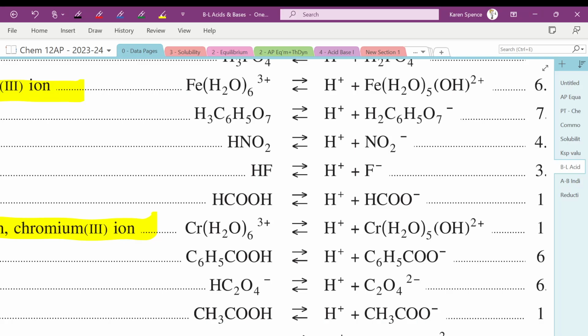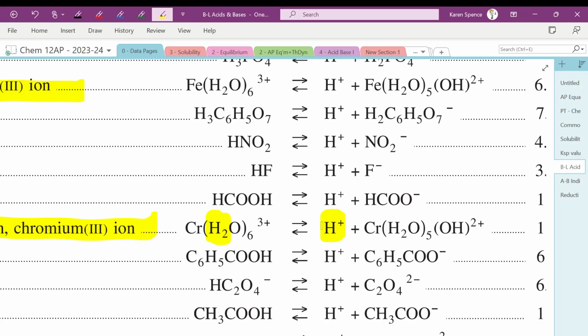Because normally chromium doesn't have any hydrogen ions, so it could not normally act as an acid. But the moment you stick some water on there, now you have hydrogen ions. So one of those hydrogen ions can come off, leaving 5 waters and 1 hydroxide.